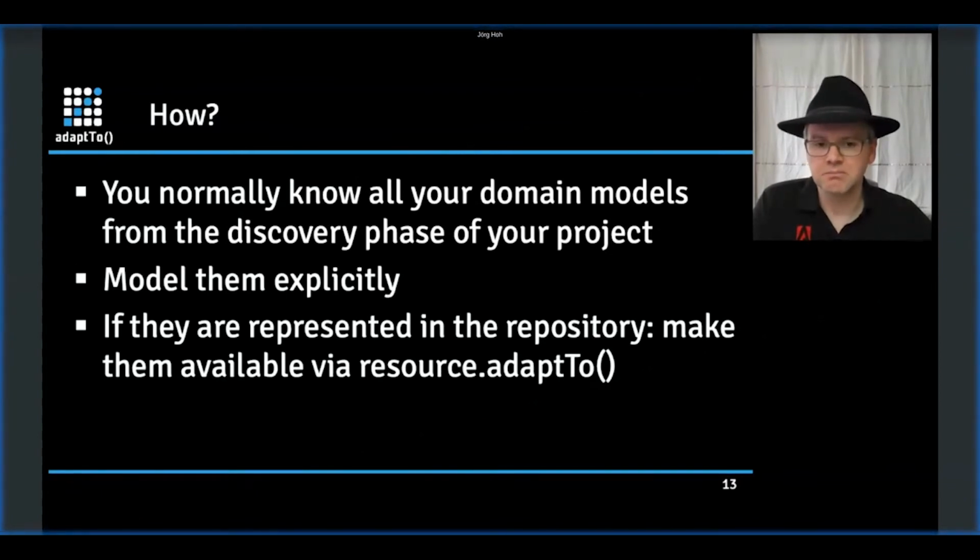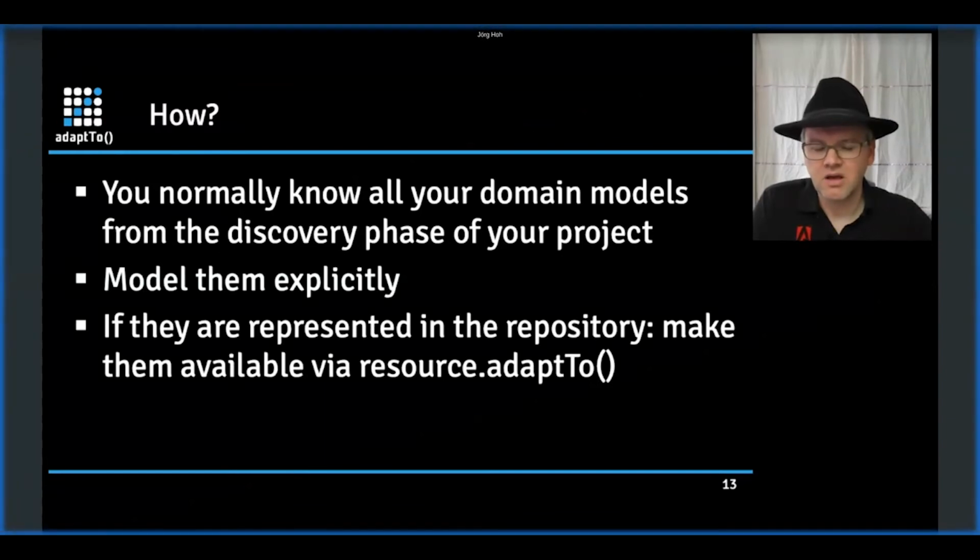Build a page, a site class, build a product class, a product category class, or whatever domain model or thing you encounter during your discovery phase. Just model them explicitly and make them an interface and think about what you need to do with them. And if they are represented in the repository, and a lot of them are, make them available via adaptTo.